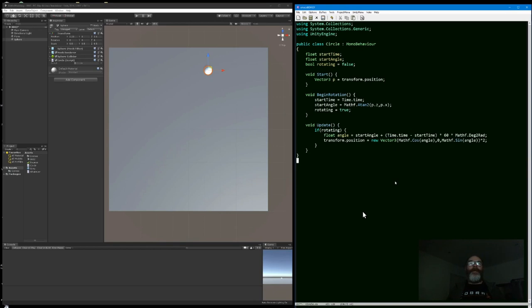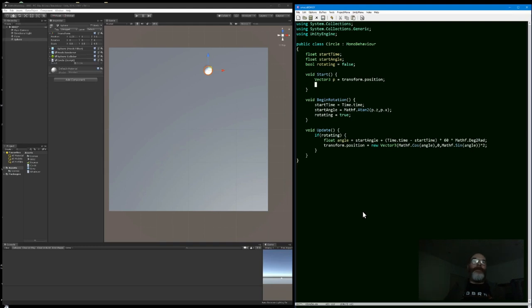Now we need to know when to begin rotation. I'm good just for the, what was it? Invoke, I think, wasn't it? You can do it that way.